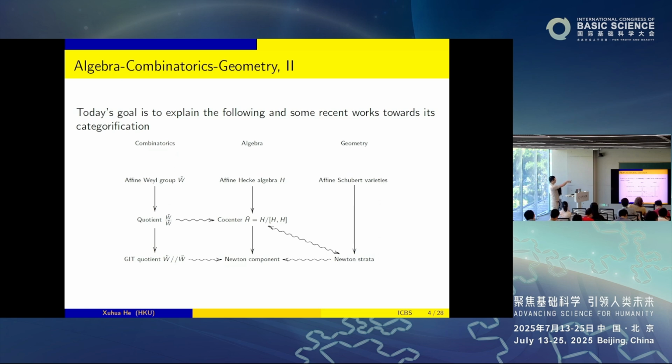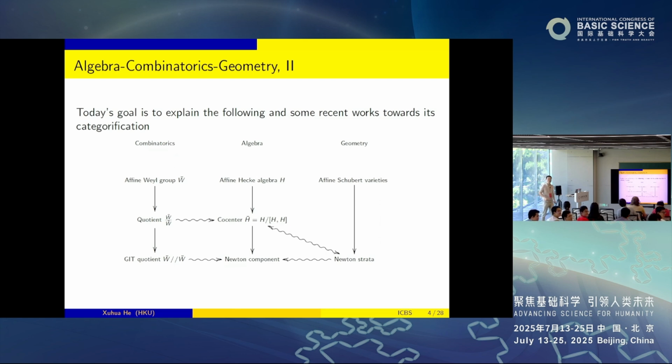On the algebra side, there is a decomposition of this cocenter into what I call the Newton components, and the geometric part is the Newton stratification. I'm going to say why I'm interested in this and what it is good for, and then finally talk about some joint work with Xinwen Zhu.